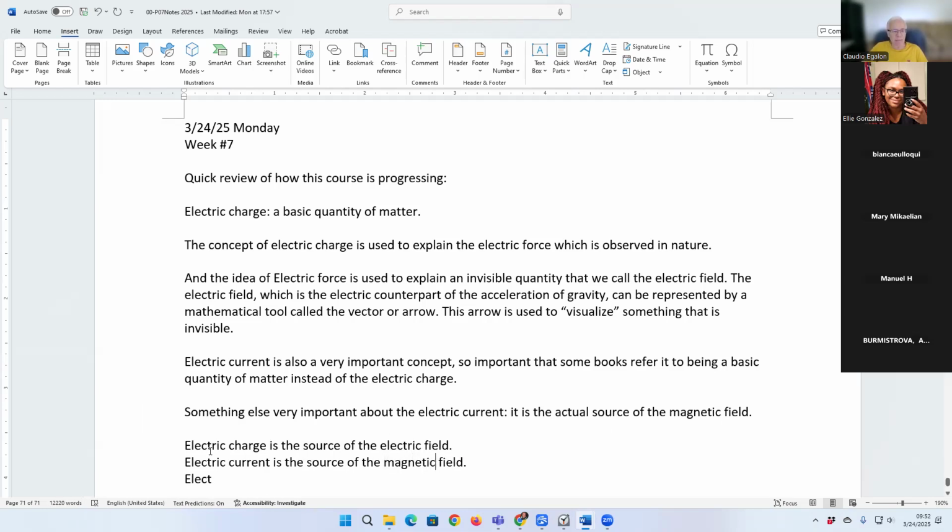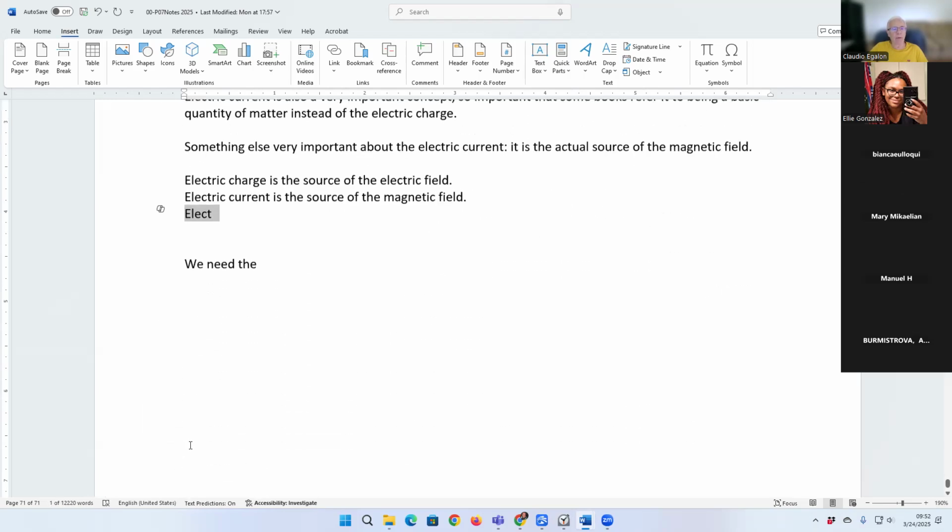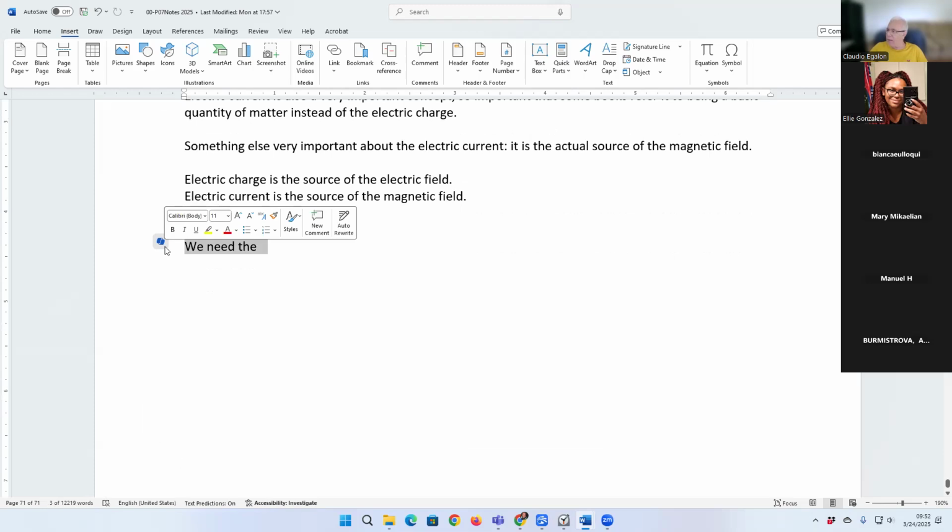Can you remember that? Those are very important concepts to memorize and keep in mind. And those are very good ideas to understand the invisible universe. Electric current is the source of the magnetic fields.